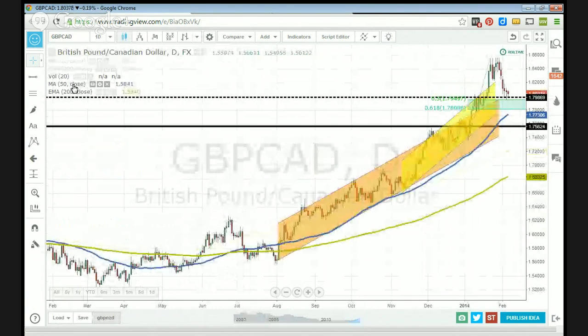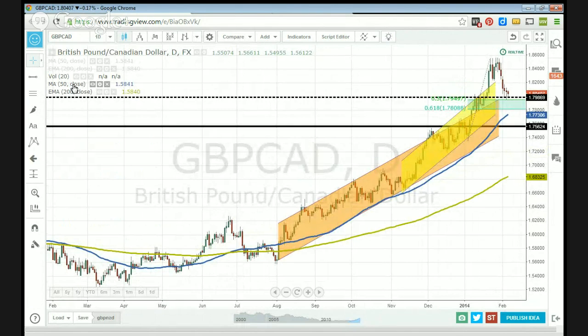Pound Canada still declining. Like I mentioned here, we've had 1, 2, 3, 4, 5, 6 straight down days in Pound Canada. Now it looks like the rate of acceleration in the decline is slowing, right? So we're starting to decelerate a little bit. You're getting that hockey stick curve of sorts, the reverse, the left-handed hockey stick.